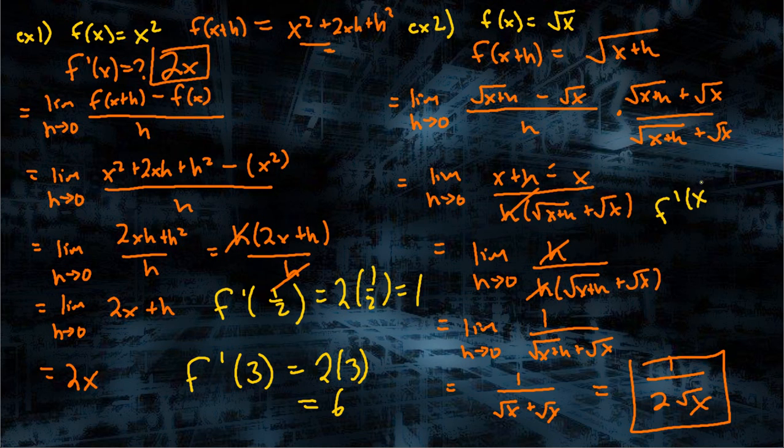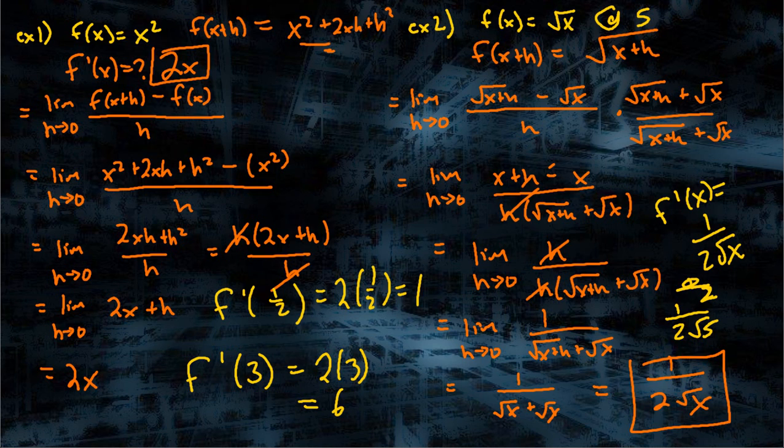F prime of x equals 1 over 2 root x, or I could say dy dx equals that. So if I wanted, say, at 5, I could put in 5 right here, and get 1 over 2 root 5. And that gives me the instantaneous rate of change at 5 exactly.